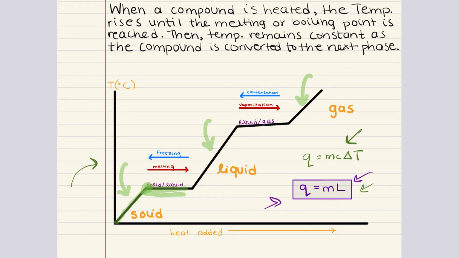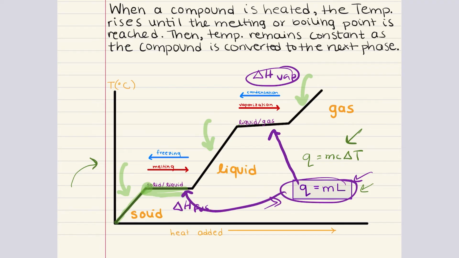Now there are two types of latent heat. We have latent heat of fusion, delta H fusion, which is for solid to liquid transitions. And we also have the latent heat of vaporization for liquid to gas transitions. Now this equation applies to all of the flat segments in our heating curve.